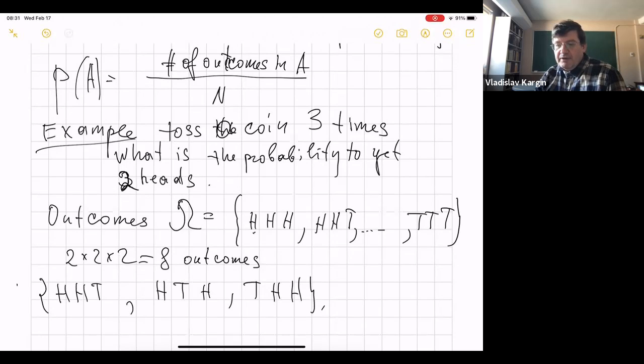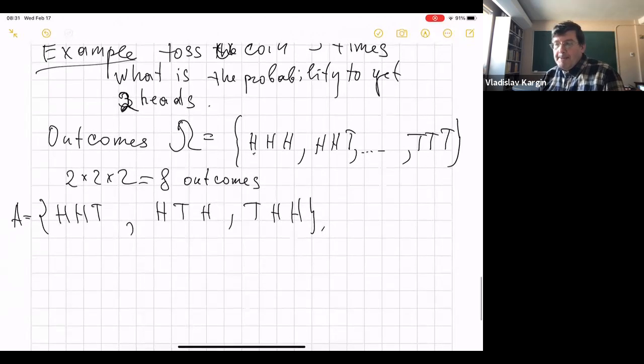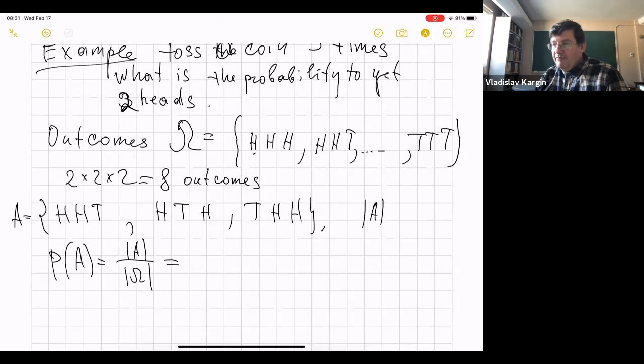This is our event, A. Now the probability of A is equal to the number of outcomes in A divided by the total number of outcomes. Here the number of outcomes in A is equal to 3, so it's equal to 3 divided by 8. So it's a totally simple thing.